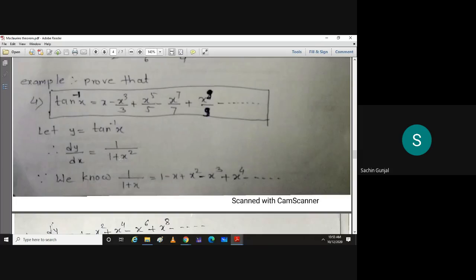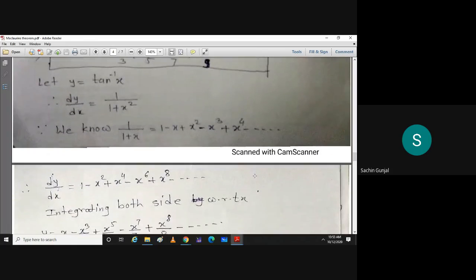So this dy by dx will have the expansion 1 minus x square plus x raised to 4 minus x raised to 6 plus x raised to 8 and so on. Now this is the expansion of dy by dx, but we want the expansion of y, so simply integrate it between the limits 0 to x.